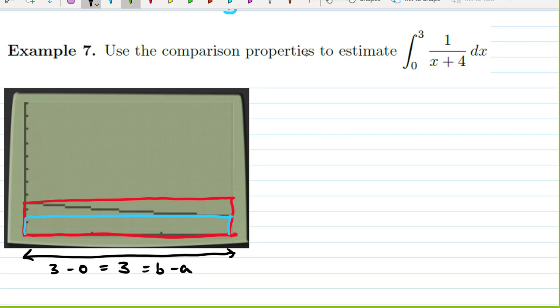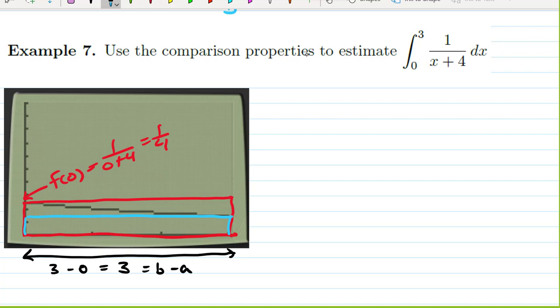So then what is the height going to be? Well, the maximum value occurred at the left endpoint, so that's going to be f of 0. So f of 0 is 1 over 0 plus 4, and that gives us 1/4.